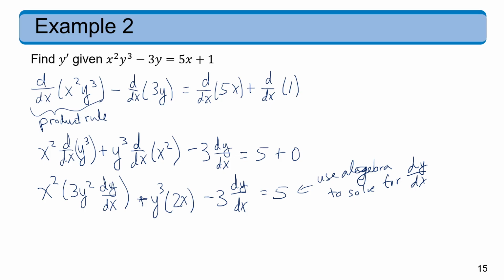So I'm going to keep this first term on the left, 3x squared y squared dy dx, and then I'm going to keep the minus 3 dy dx on the left. I want everything else on the right. So I already have 5 on the right, but then I need to move this term over to the right. So I'm going to subtract 2xy cubed from both sides.